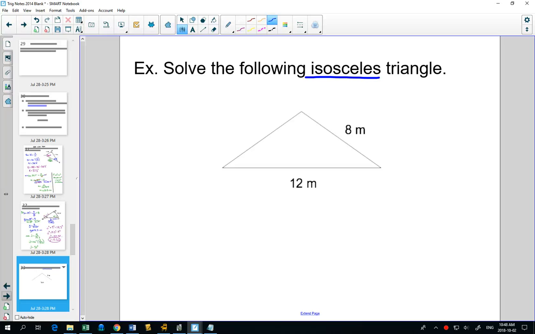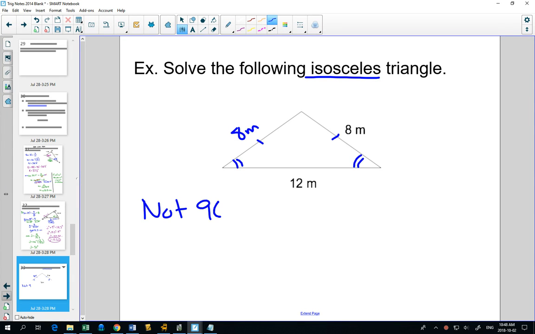Okay? So yes, I would agree that it looks like two sides are 8. That would mean that these two angles are the same. Is it a 90-degree triangle? No. We don't know. Okay? There's nothing given in this question that says that it is a 90-degree triangle.